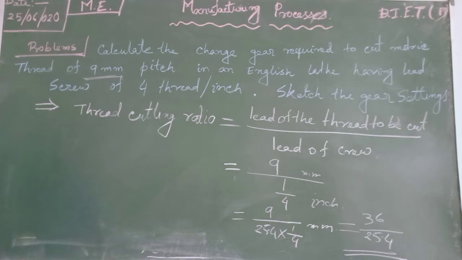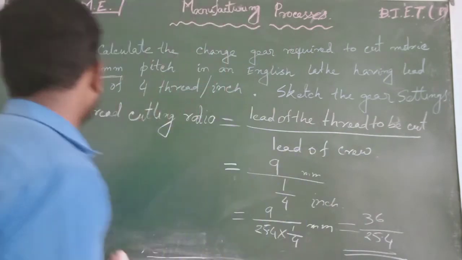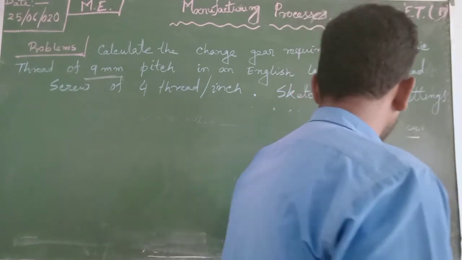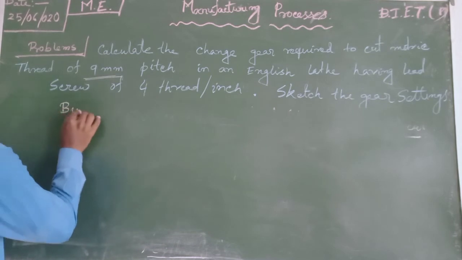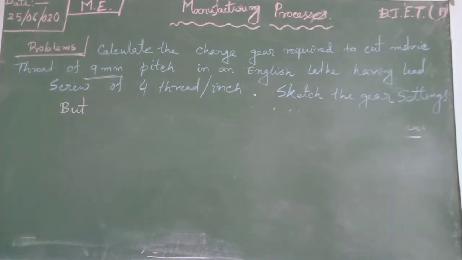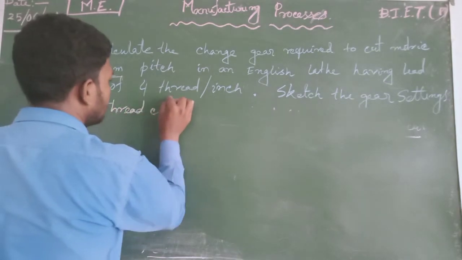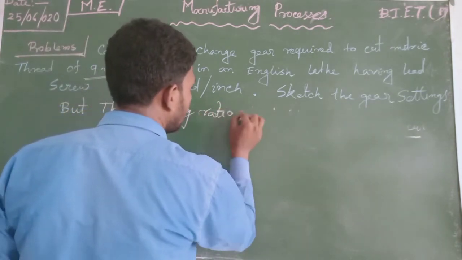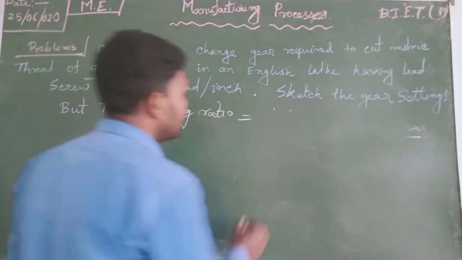But the original thread cutting ratio, our formula, is equal to the number of teeth on the driver gear divided by the number of teeth on the driven gear.